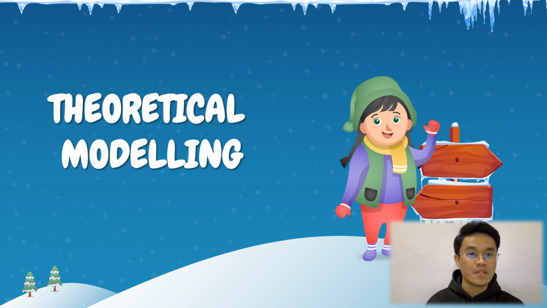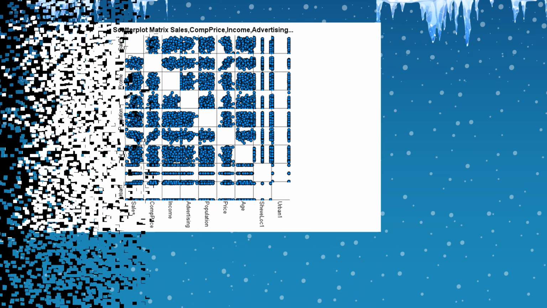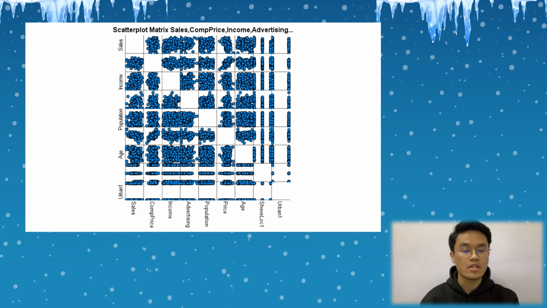So I'm going to explain about the theoretical modeling part, or prediction modeling part. First, I'm going to explain about the scatter plot. The scatter plot shows the association between sale and 8 variables, which are competitor price, income, advertising, population, price, age, shelf log, and urban.